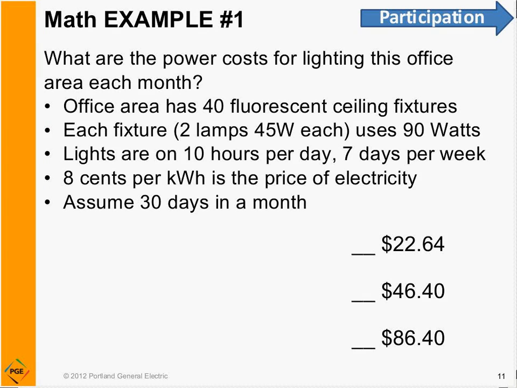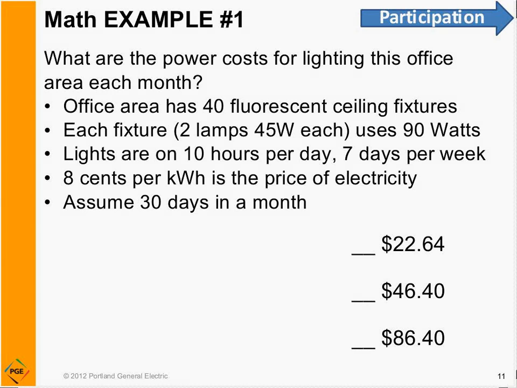Each fixture has 2 lamps at 45 watts each, using 90 watts total per fixture. Sometimes you'll hear lamps in a conversation, and sometimes you'll hear fixtures. In this case, a fixture is 90 watts. They're on 10 hours a day, 7 days a week. 8 cents per kilowatt hour is about the average price of electricity, and assume 30 days in a month.